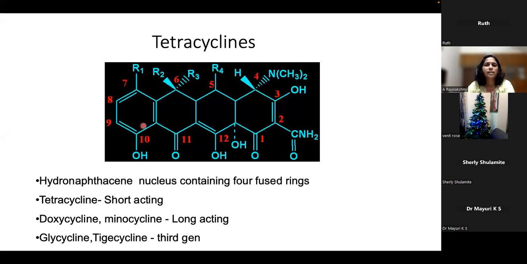Coming to tetracycline, a common thing is it has a hydronaphthacene nucleus containing 4 fused rings. Tetracycline is short-acting. We do not commonly use it now. The long-acting ones are doxycycline and minocycline. And the next generation tetracycline is the glycylcycline group, or tigecycline, which has a wider spectrum of activity.